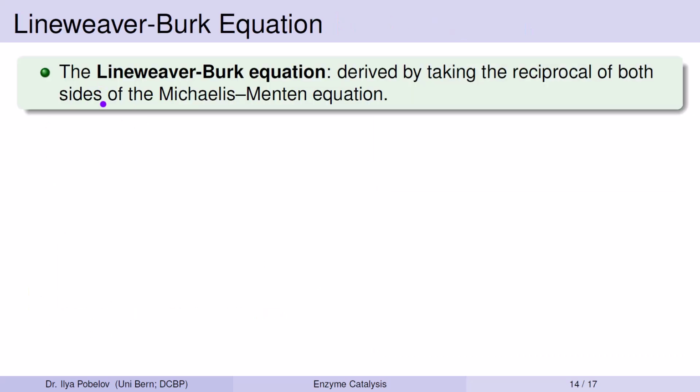A valuable tool for the analysis of enzyme kinetics is the Lineweaver-Burk equation. It is derived by taking the reciprocal of both sides of the Michaelis-Menten equation and is expressed as follows.